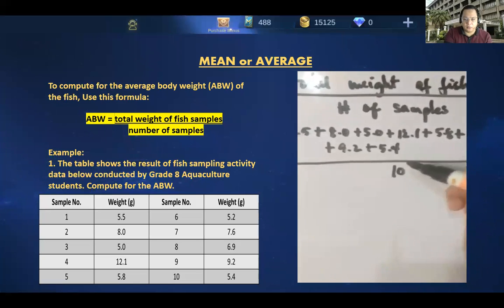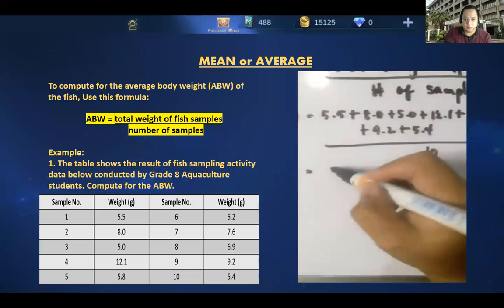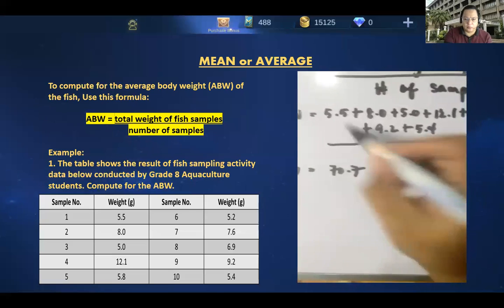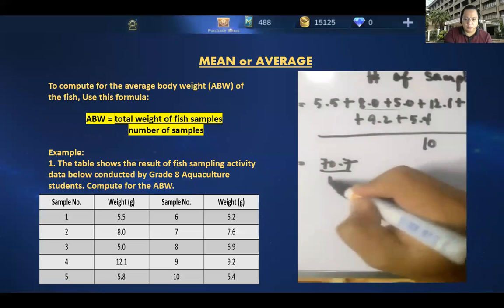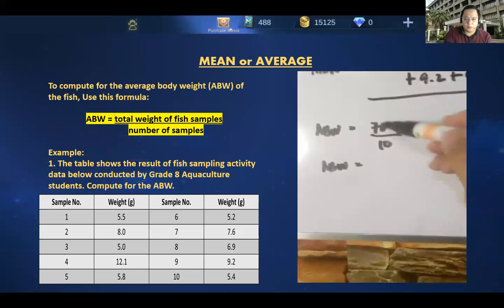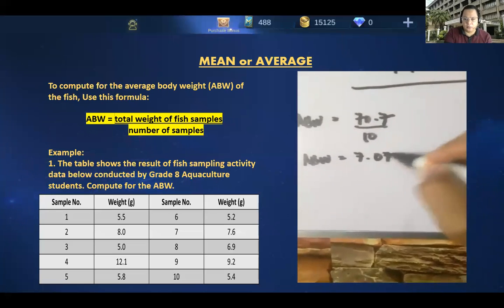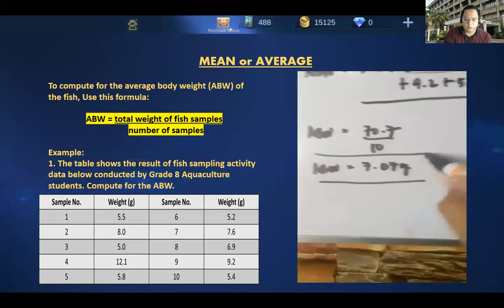So that is divided by 10. So ABW is equal to 70.7 divided by 10, that is 7.07 grams. So this is our answer.